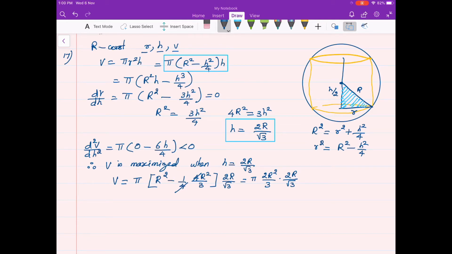Therefore, the answer is 4 divided by 3 root 3 pi R cube, cubic units. This is the maximum volume of the cylinder possible in terms of the radius of the sphere.